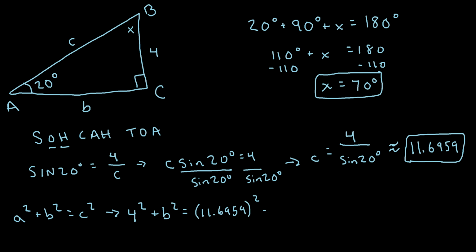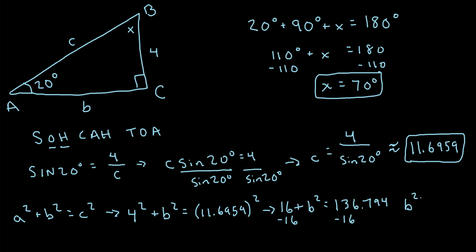So we need to solve for b. So we'll get 16 plus b squared. And if we punch this 11.6959 into a calculator, we will get 136.794, roughly. So to solve for b, we need to subtract 16 from each side.